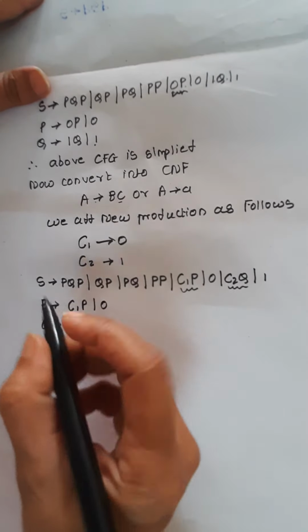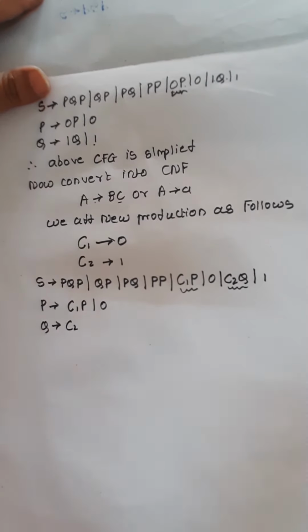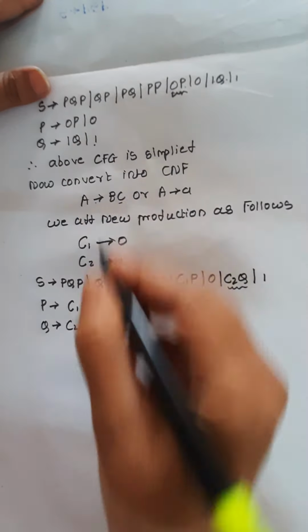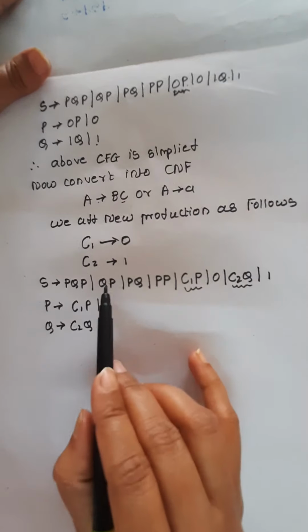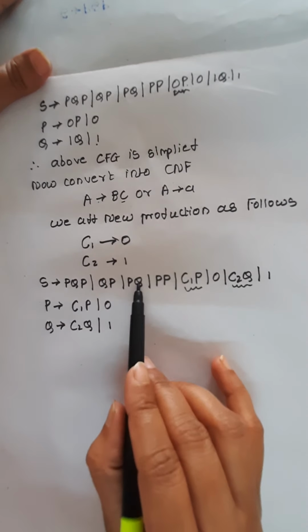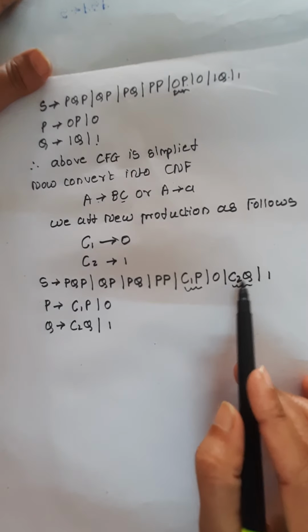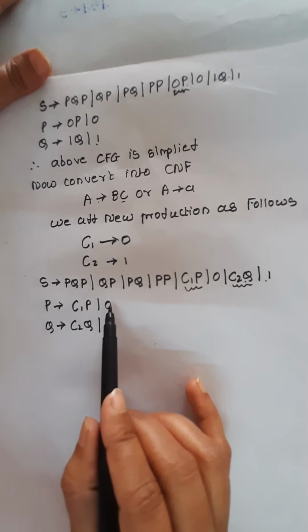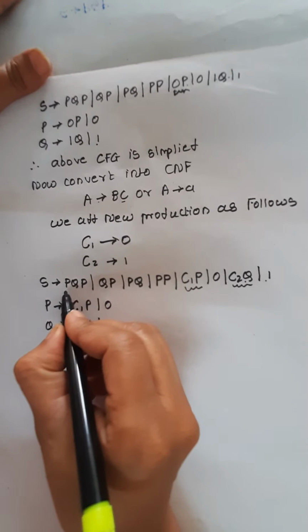In Q's production, again instead of 1 we put C2 and this Q as it is, write down the 1. Now look at the grammar: two non-terminals, single terminal, two non-terminals, single terminal, and so on. Only remaining is this one.